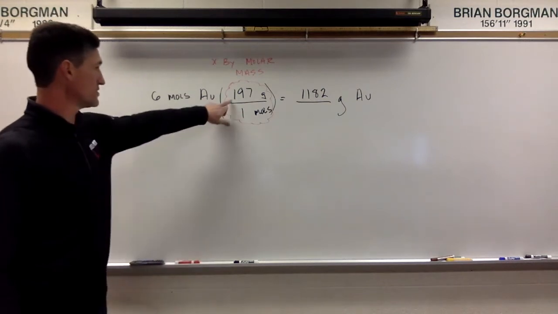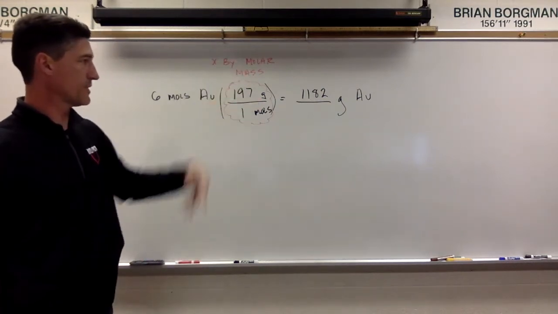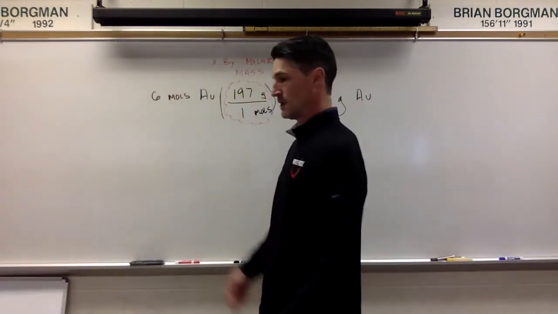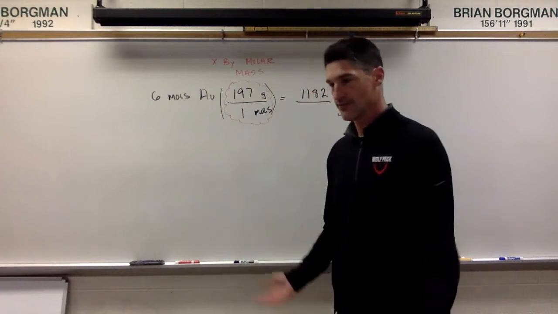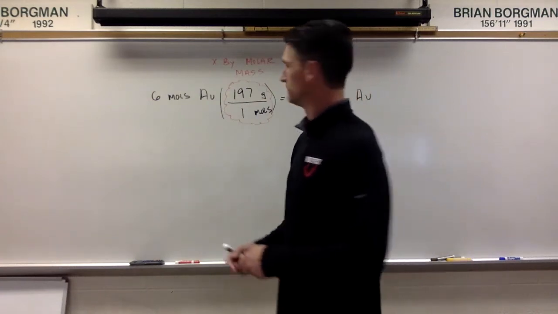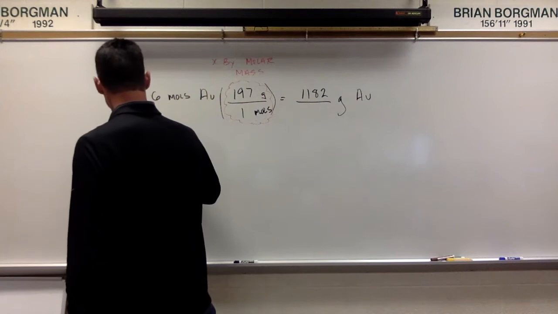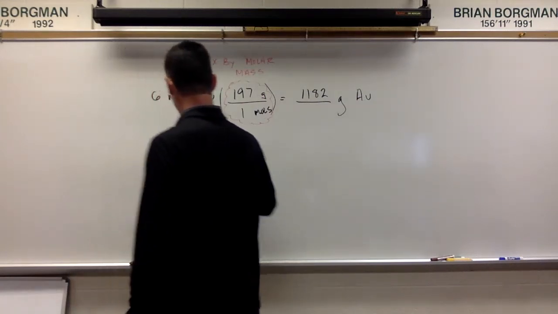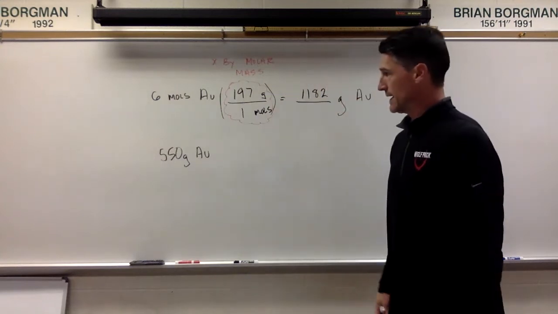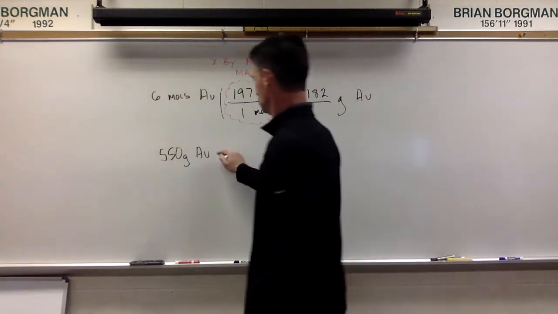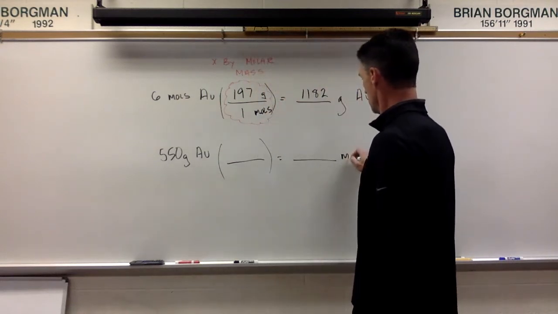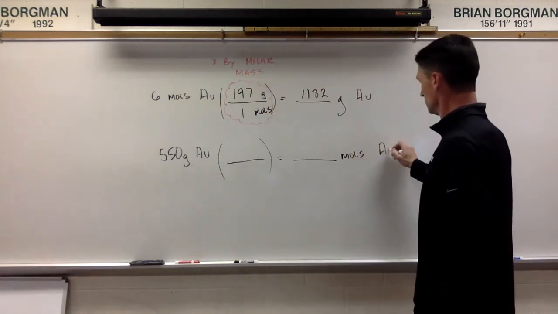So let's use the same element, but let's find a different amount of gold. If I had 550 grams of Au, I'm going to set up a bracket. I want to end in moles of gold.